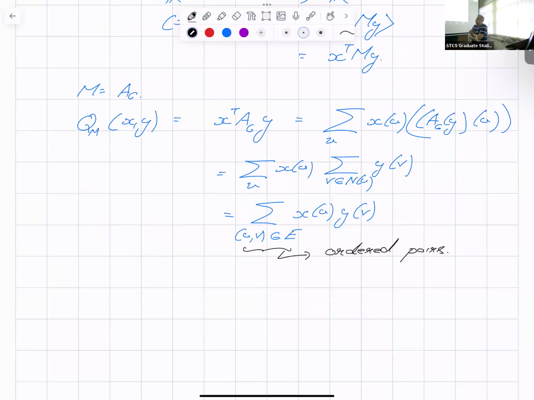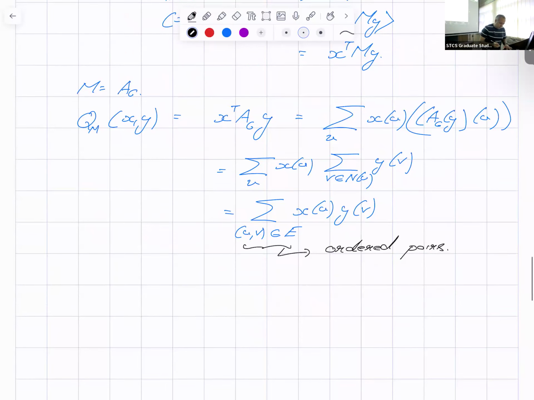So this is the quadratic form associated with the adjacency matrix. It takes two vectors x and y and maps them to the scalar summation of x_u y_v over all edges, in which you count an edge twice, uv and vu. You count them both.